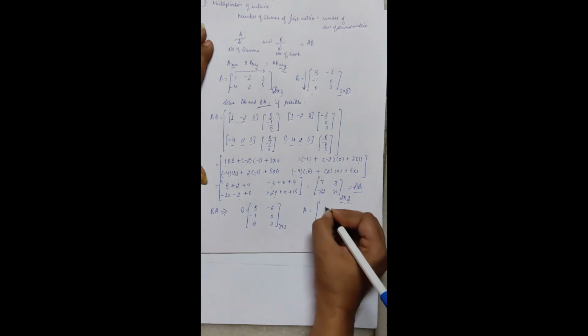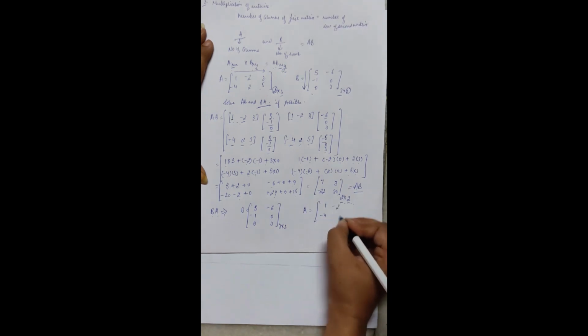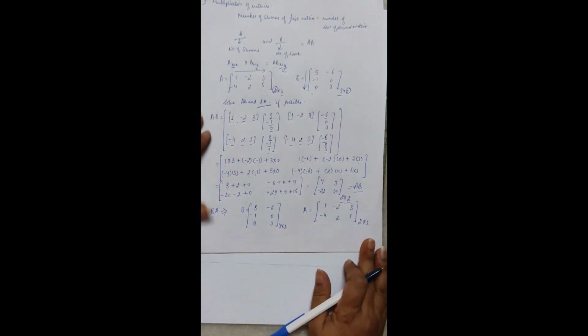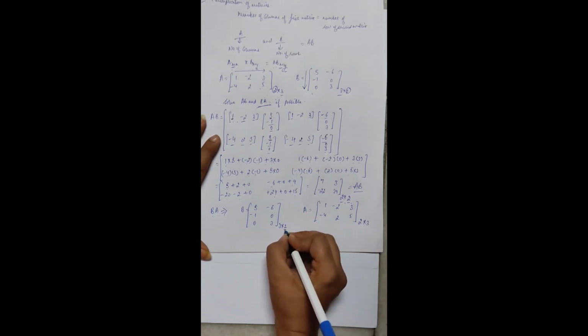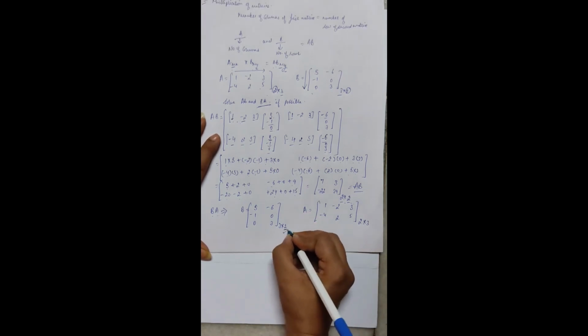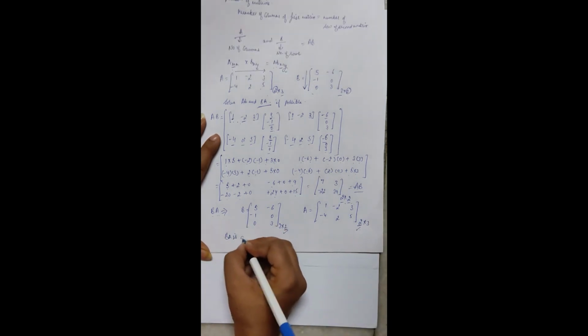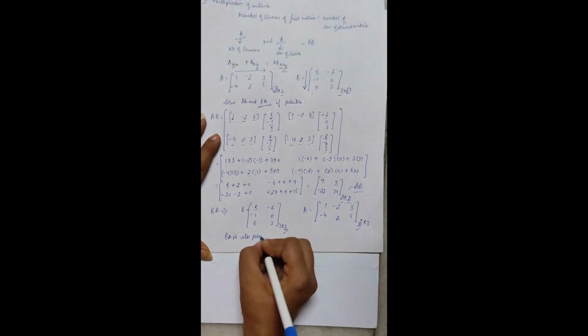And my A matrix is 1, minus 2, 3, minus 4, 2, 5, of order 2 by 3. I have to see that the number of columns in B matrix, that is 2, equals the number of rows in A matrix, that is 2. So yes, BA is also possible.